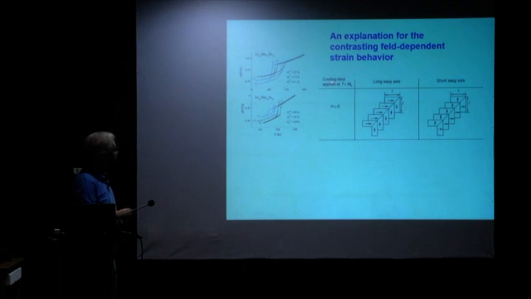So we have a cooling field. It is 0. If our long axis is the easy axis of magnetization, then this can be represented by a tetragon, let's say, by a rectangle with this L in this direction. And a short easy axis would be represented with such an arrow.